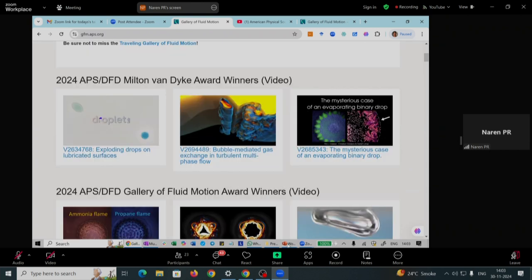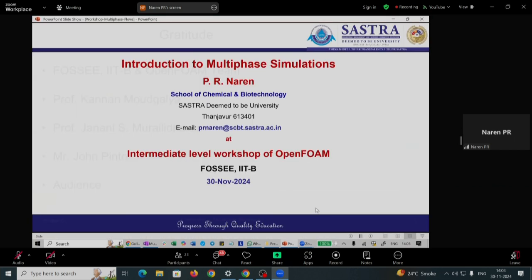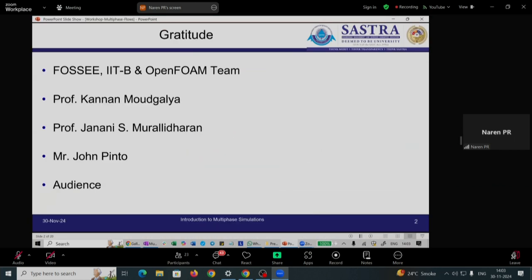Now, with this as a starting trigger, we will focus on what multiphase flows are. Before I go into the technical part, I wish to first convey my gratitude to Professor Kannan Moudgalya and Professor Janani, who is conducting these OpenFOAM sessions and is also going to conduct a follow-up session.